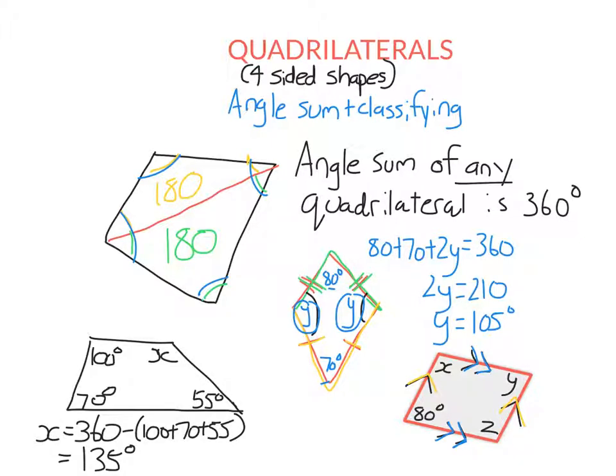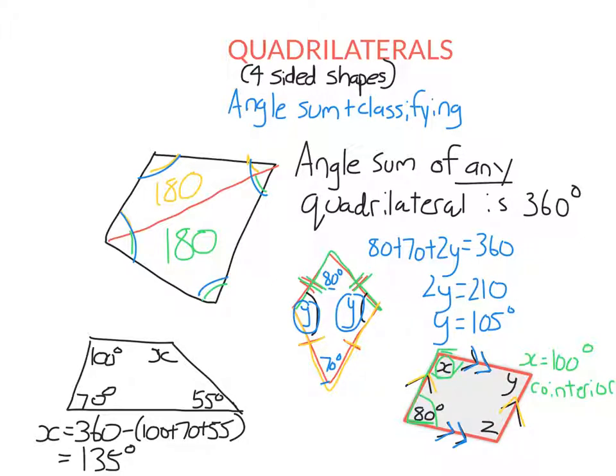But we can figure out x straight up without using the angle sum, because of co-interior angles. x and this 80-degree angle are co-interior. Remember, co-interior angles add to 180, so that means x is equal to 100 degrees because it's co-interior.